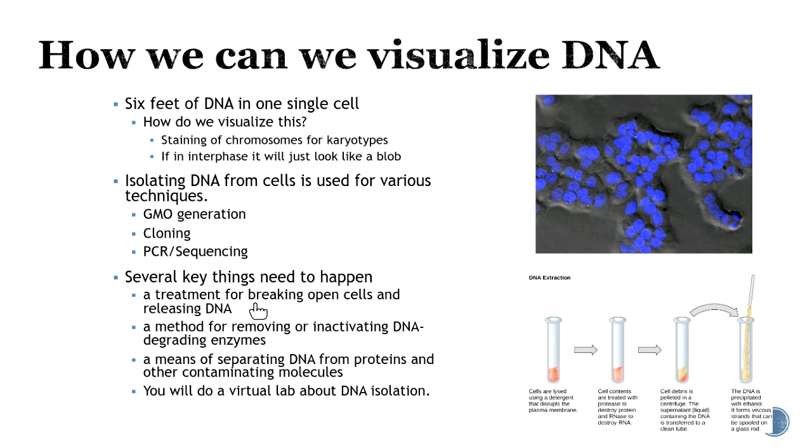Then we have to remove the enzymes that commonly degrade DNA, because remember I talked about how RNA has a short lifespan. Well, those enzymes also target DNA, so we need to make sure they are not active. And then we also have to separate the DNA from all the cell contents that we just released, all the proteins. We'll do this via centrifugation, and you'll do this in your virtual lab.